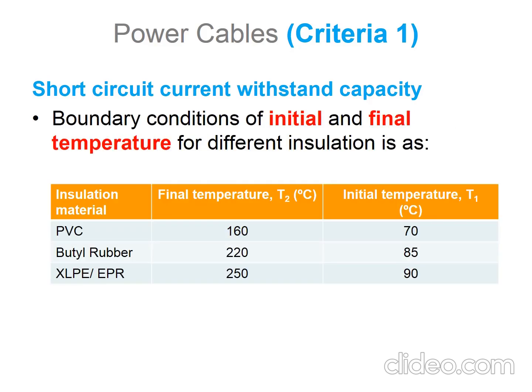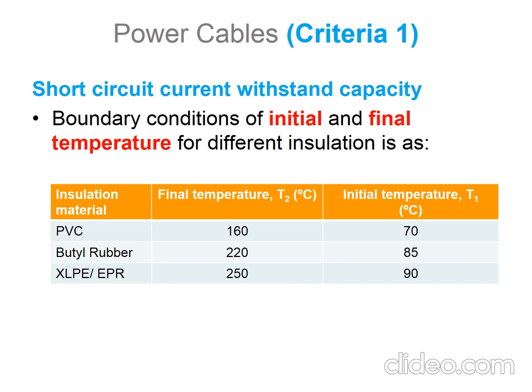Next we go to the boundary conditions of initial and final temperature. We can see from the table here, there are 3 types: PVC, butyl rubber, and XLPE/EPR. This one is the final temperature, and this is the initial temperature.